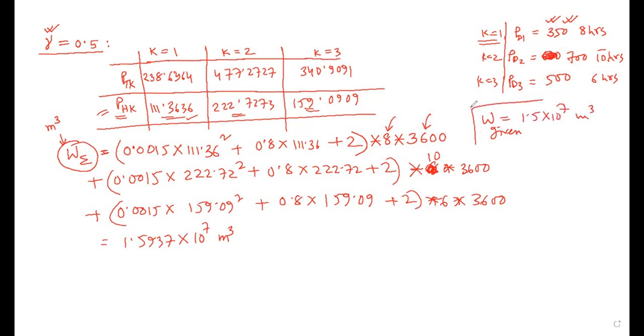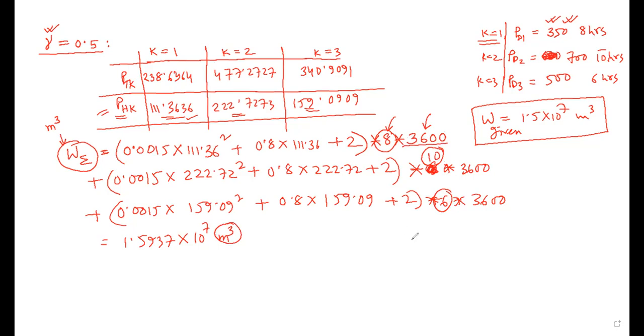So with gamma equals 0.5, we calculated all the values for 3 time stages and took care of the duration of each time stage. The first time stage is 8 hours long, the second is 10 hours long, and the third is 6 hours long, multiplying by the conversion factor to make it into meter cube.